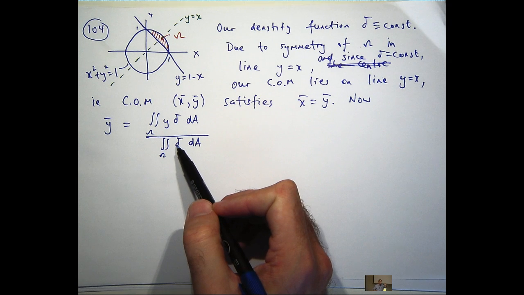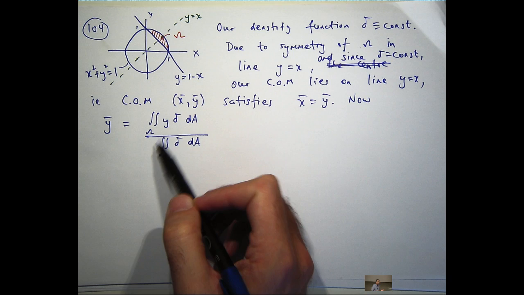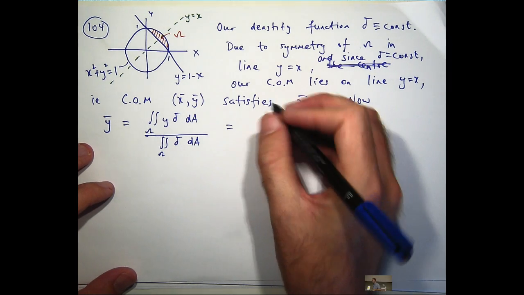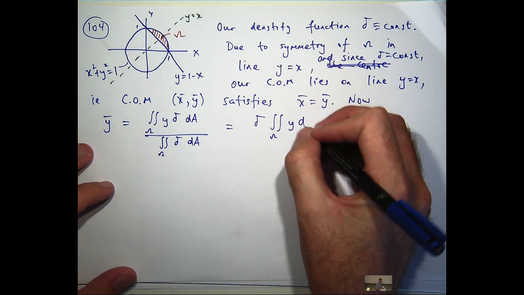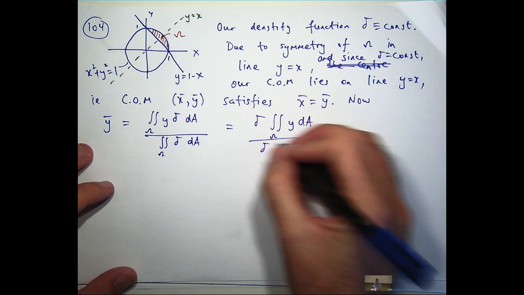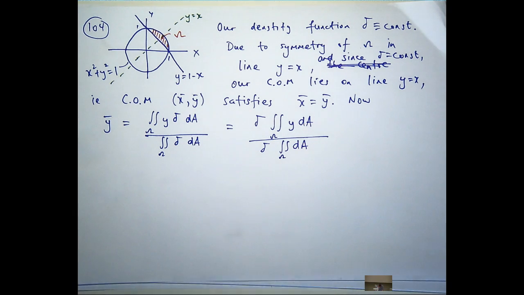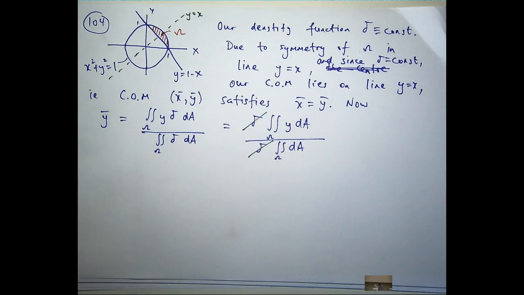Now, delta is a constant, so I can take the delta out the front here and cancel.